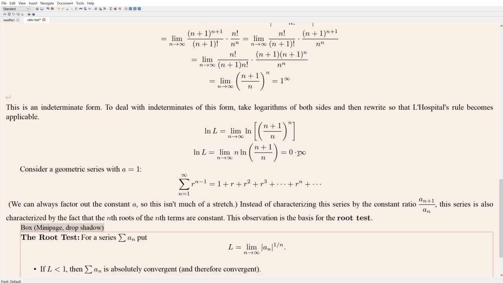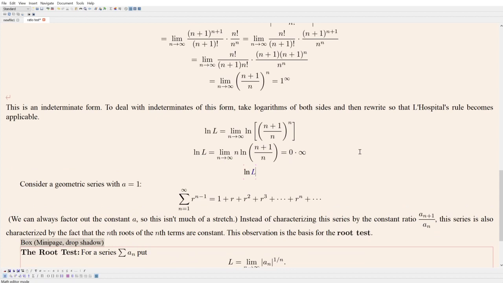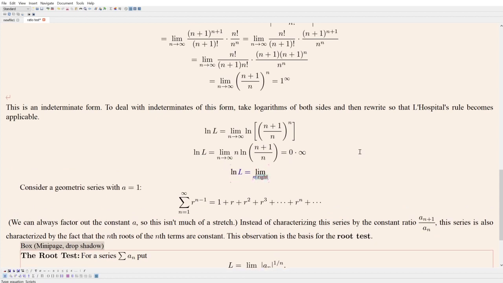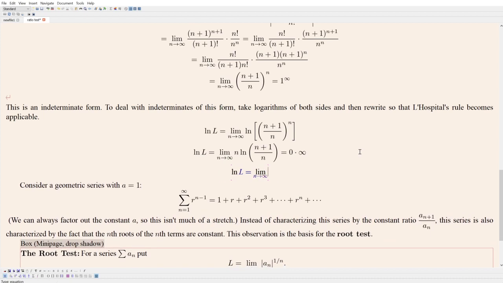And how do we deal with these? So we deal with indeterminate forms like this by rewriting it so that it's a fraction. So in particular, instead of n, I'm going to write 1 over n.